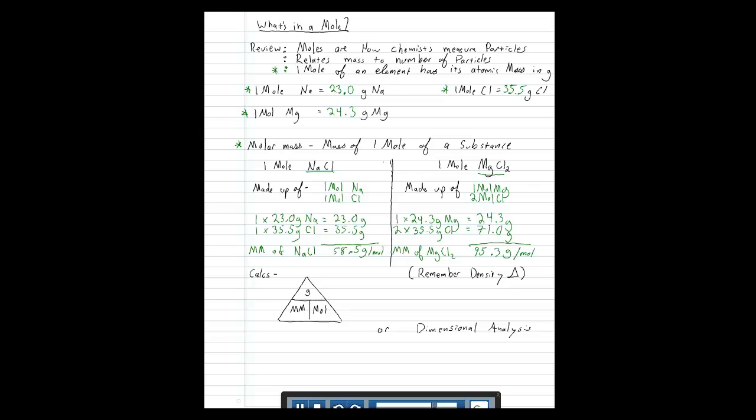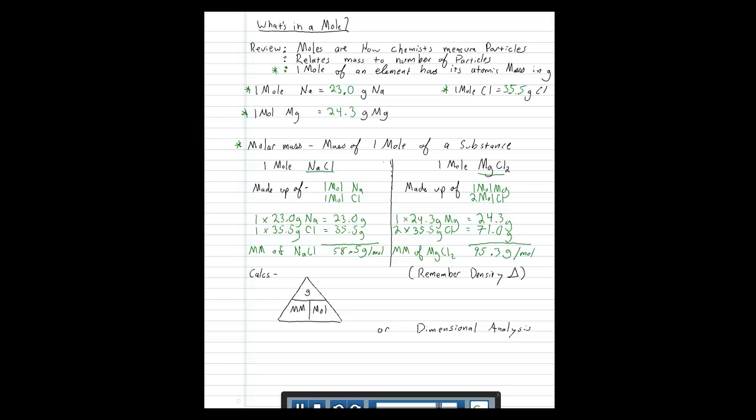Now, we can use this in calculations, and I'm going to talk about a couple ways that we can do this. We used the triangle method before, and MM means molar mass. If you recall the density triangle, which we discussed before, where density is equal to mass over volume, we can use a similar method like that.